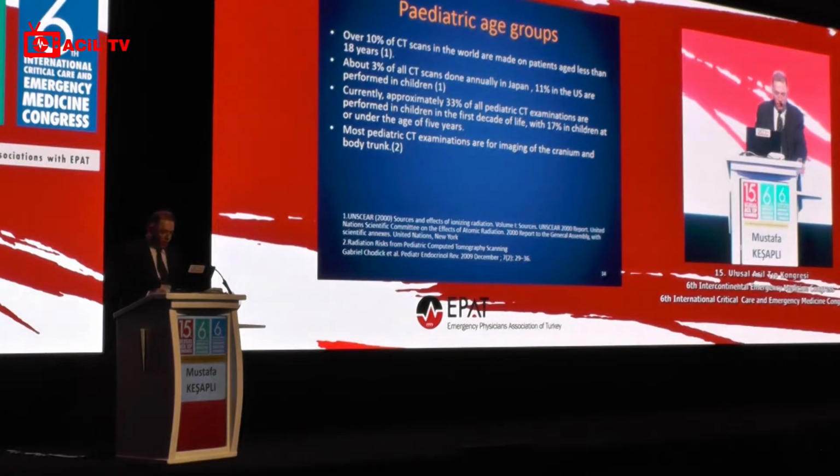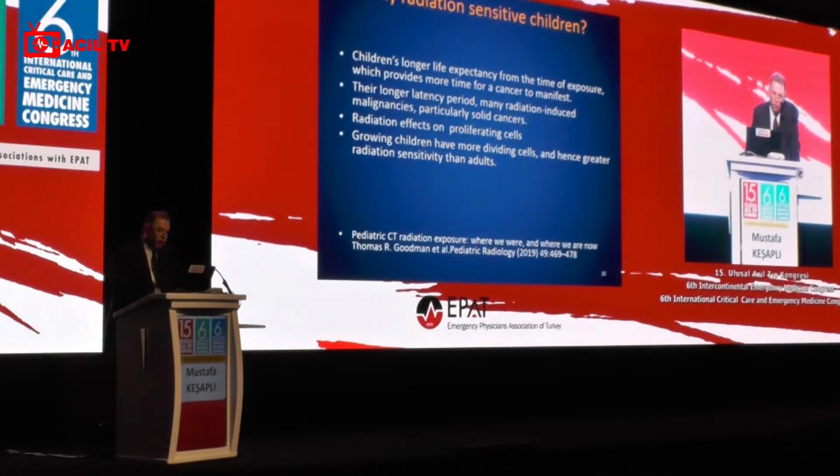Also, I want to speak a little bit about special age groups, pediatric people. The use varies. For example, in Japan they are using 3%, in USA 11%. In Turkey, I don't know the exact number. Most of them are trunk, but also cranium and abdomen.